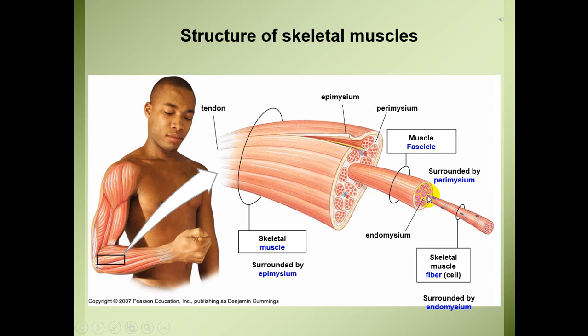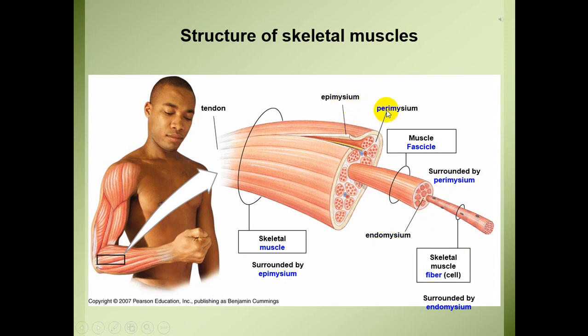The skeletal muscle cells or fibers or myocytes are also called myofibers. They individually are surrounded by another layer of connective tissue, and this time it is the loose connective tissue surrounding the skeletal muscle cell, and this is known as endomysium.